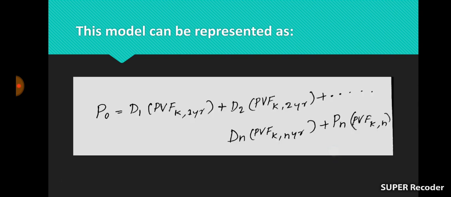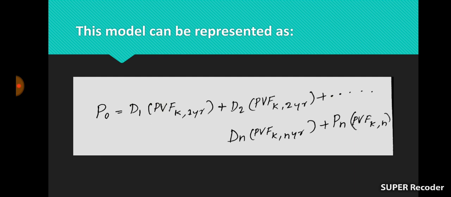We can rewrite the equation like this, that is P0 is equal to D1 into present value factor at k rate in the first year, plus D2 into present value factor at k rate in the second year, plus etc., Dn into present value factor at k rate in the nth year, plus Pn into present value factor at k rate in the nth year.